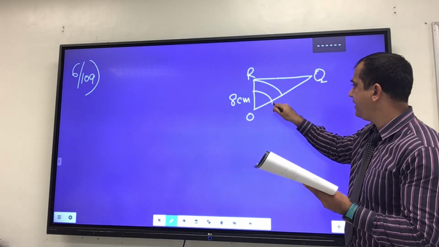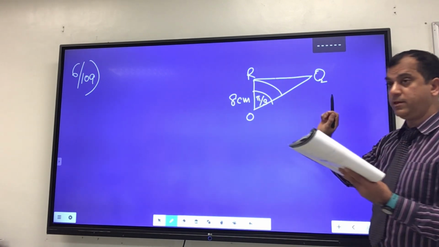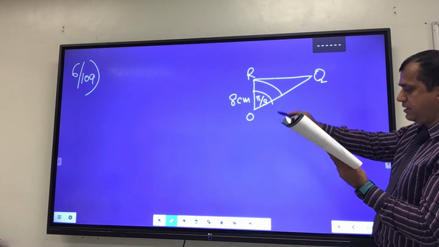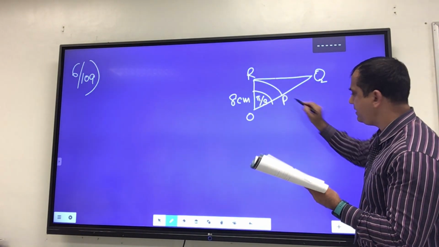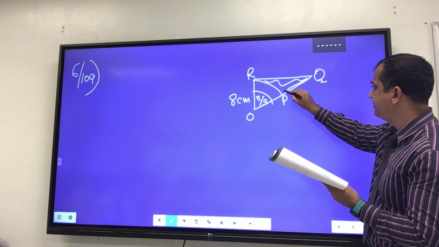This angle is pi by 3 radians. Obviously, if it is pi by 3, it is not in degrees, it is in radians, okay? So this is ORQ and this point is P and this area is shaded.